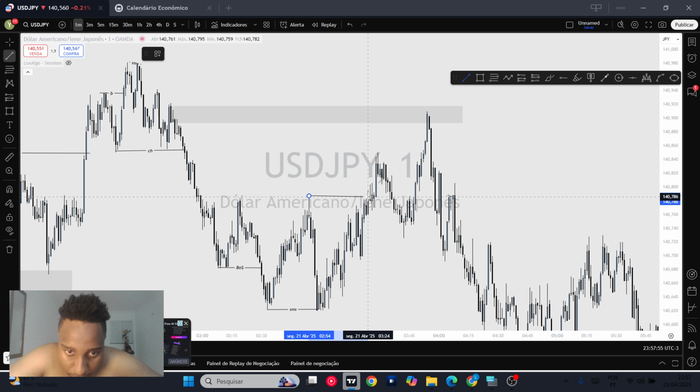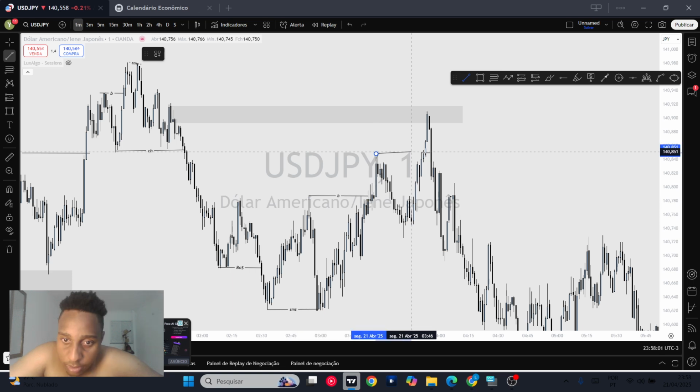and then after price makes a break of structure, right? Price breaks here, exactly at the moment price respected this zone. It creates a CHoCH, right? This is a perfect change of structure.